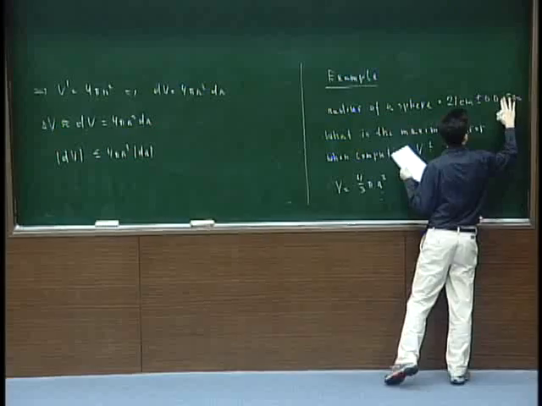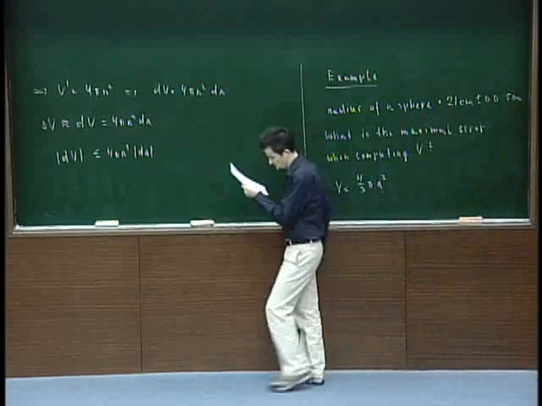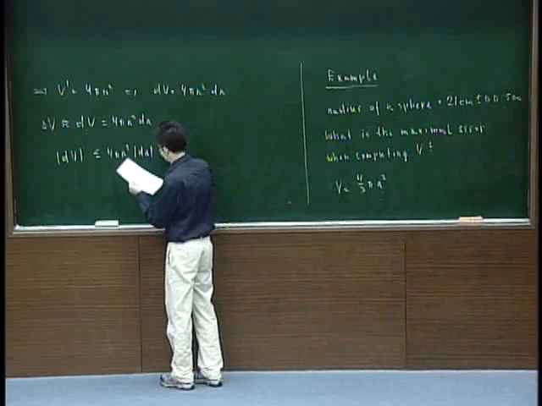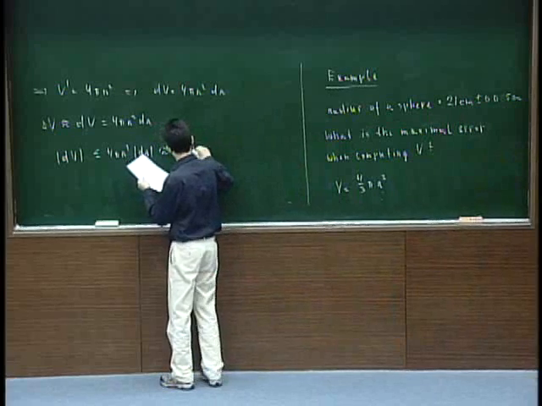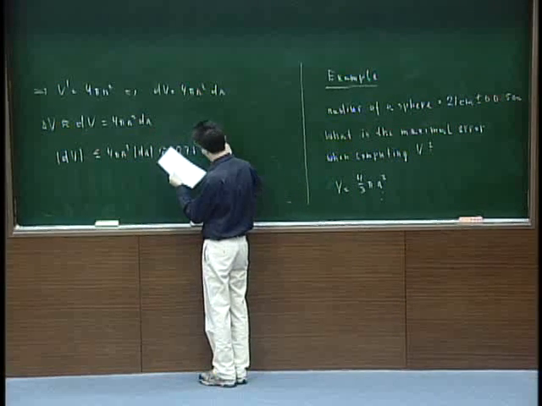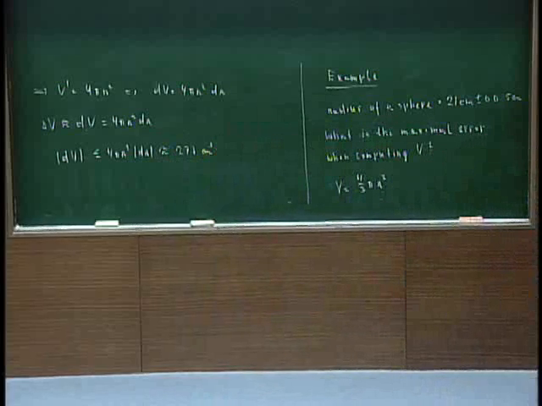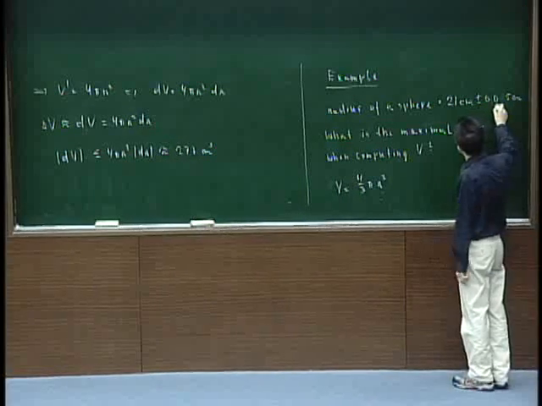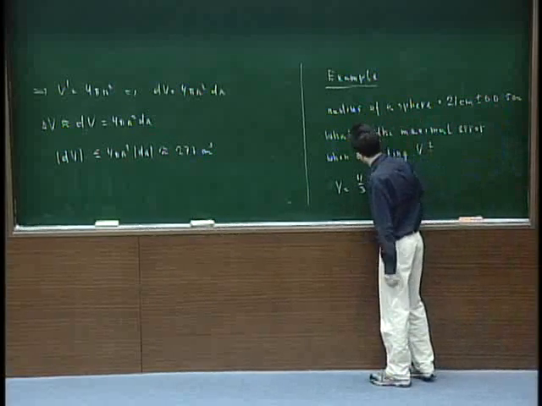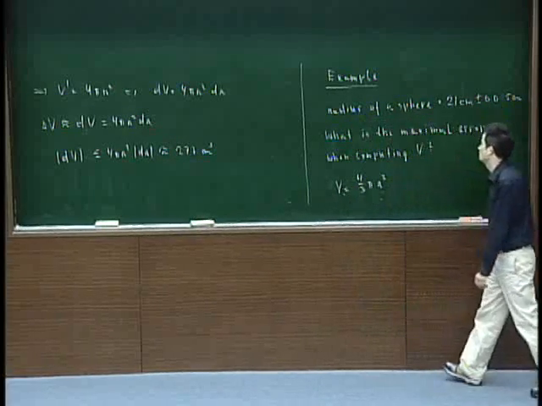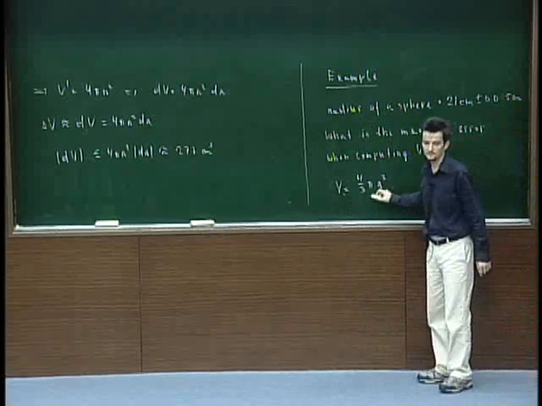Actually, in the textbook, you have 0.05. So you plug everything in, and then you get here 277 cubic centimeter. That's the effect of this uncertainty for the radius on the volume of the sphere.